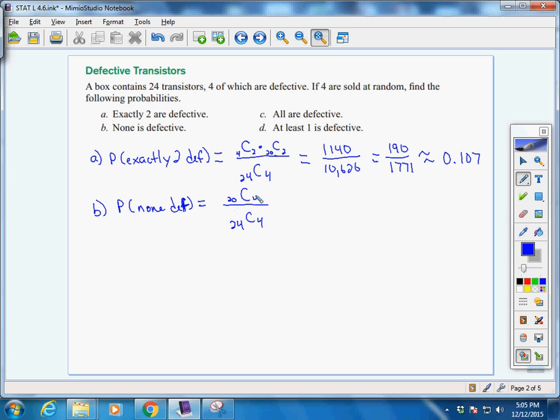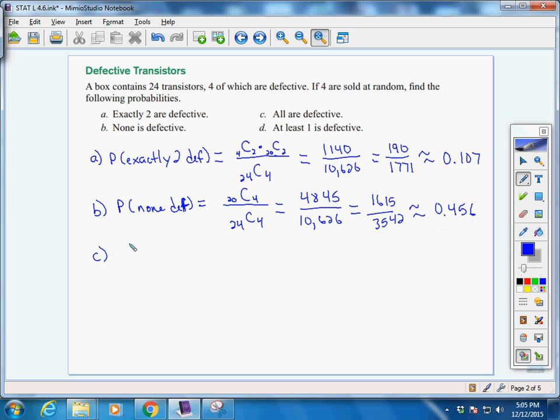We're taking 4 out of those 20. Combinations, order doesn't matter. That's 4,845 over 10,626, which reduces to 1,615 over 3,542, which is approximately equal to 0.456.